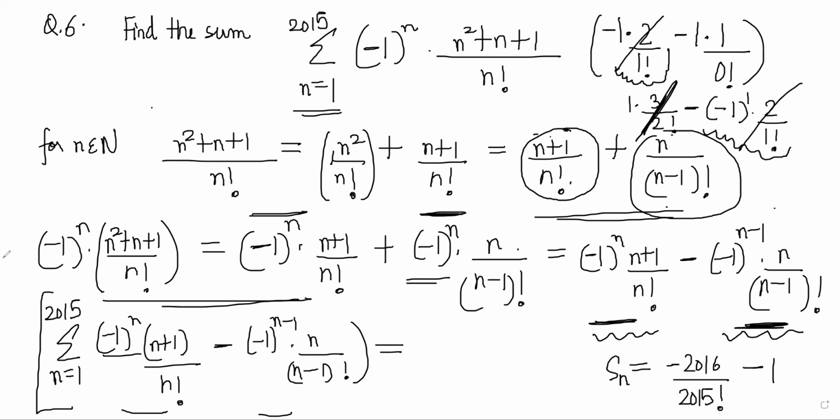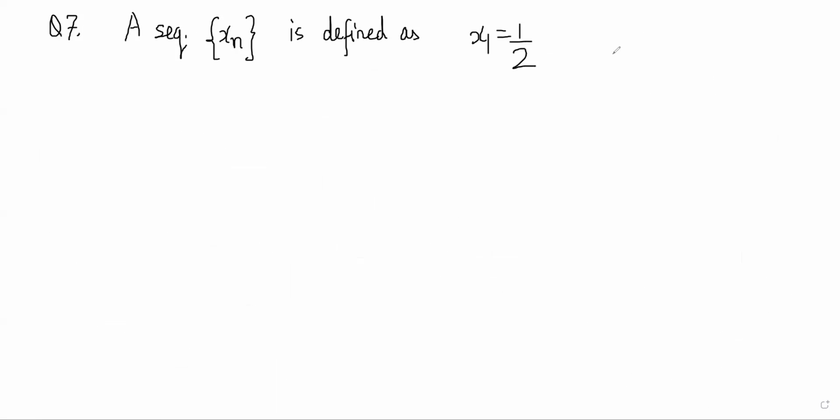For the next problem, we'll look at this one. A sequence xn is defined as x1 is equal to half and xn is equal to (2n minus 3) by 2n multiplied by x of n minus 1 for n is equal to 2, 3 and so on.